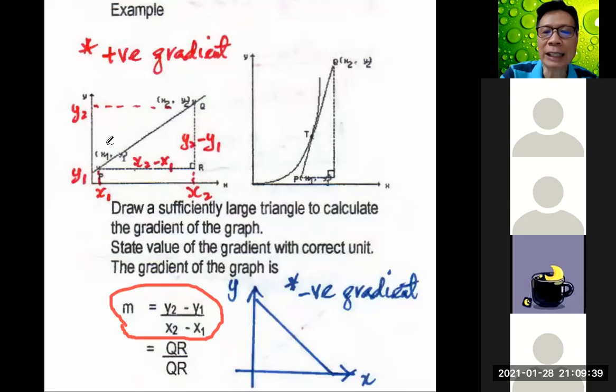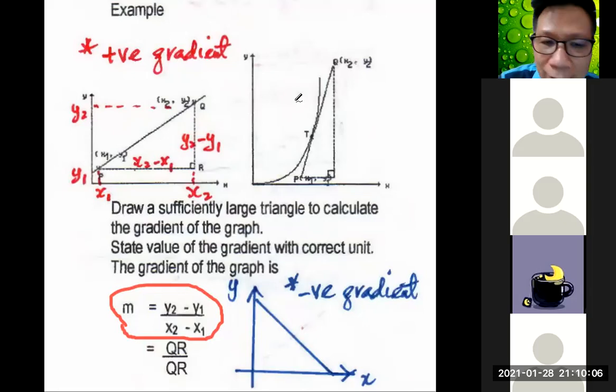And maybe some of you will ask, why do I have to put here x1, y1, here x2, y2? Can I reverse it? Can I reverse it or not?